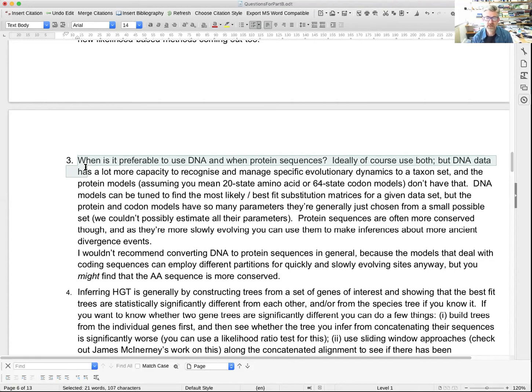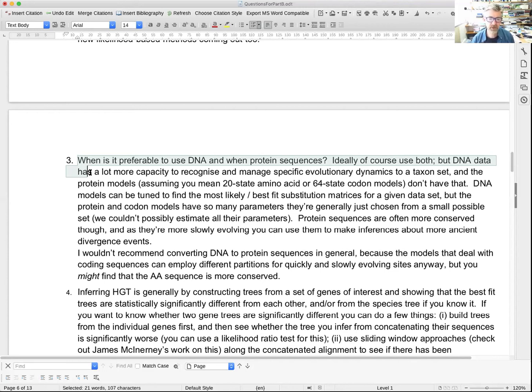That's because these DNA models are much simpler. They have fewer parameters. In a substitution matrix, which gives you the probability or the rate of changing from one state to another, like an A to a G or an A to a T, there are only a few parameters in these models.